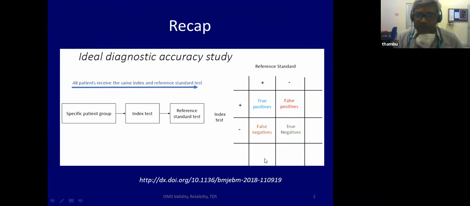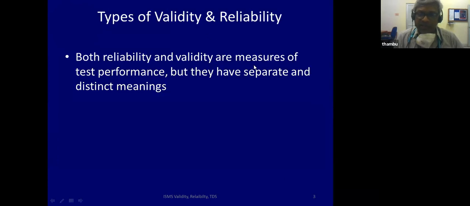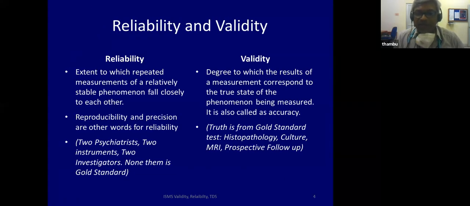So the gold standard positive means you have disease, and the gold standard negative or the reference standard negative means you have no disease. So we are checking this true state of the phenomenon against your index test. How accurate is your index test as compared to a reference standard or a gold standard? So that is called validity, or also called accuracy.